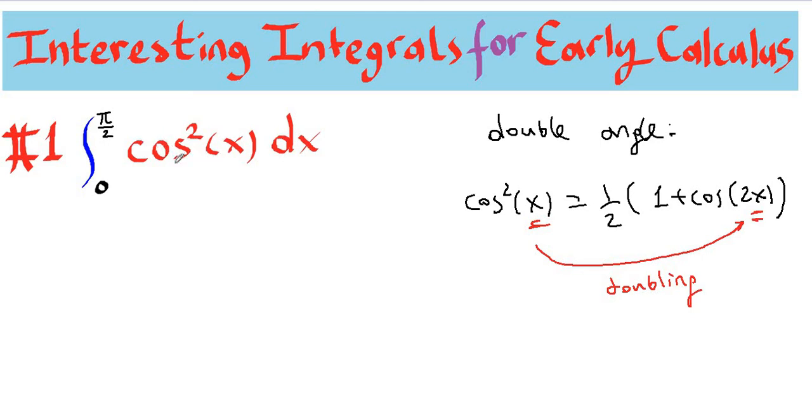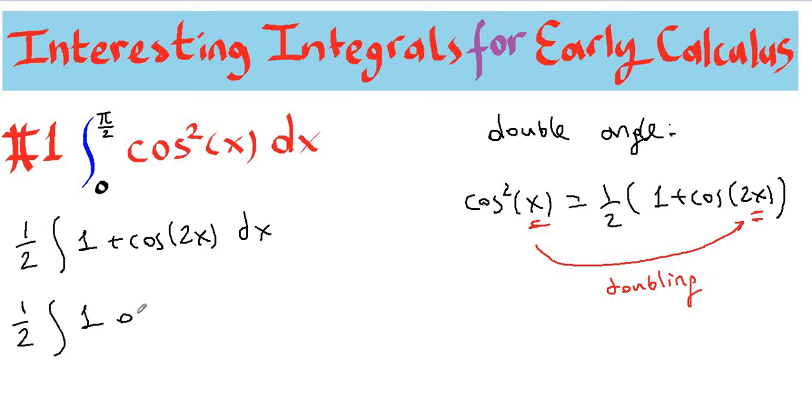Now we're going to start by substituting cosine squared of x with the double angle identity, which is 1/2 times 1 plus cosine of 2x. And we can pull 1/2 in front of the integral sign and write 1 plus cosine of 2x inside the integrand. Now we can separate this integral.